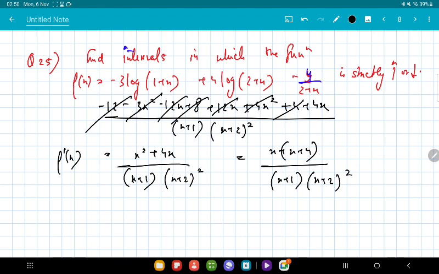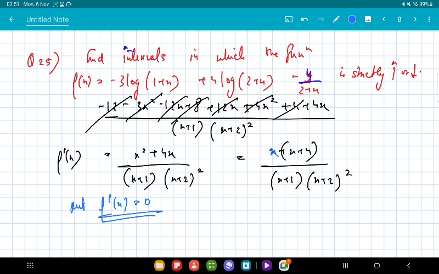So again, if you put it to 0 for critical points, you will find out your critical points. Here, in the interval of strictly increasing or decreasing they are asking.